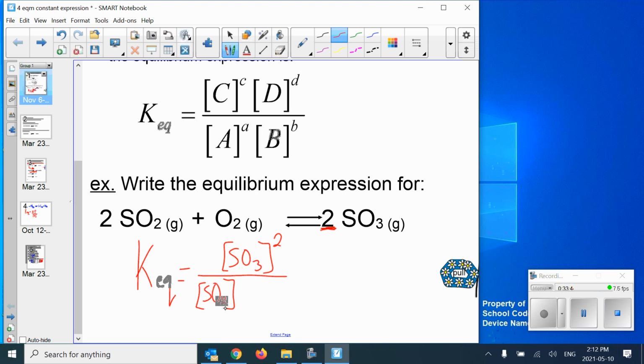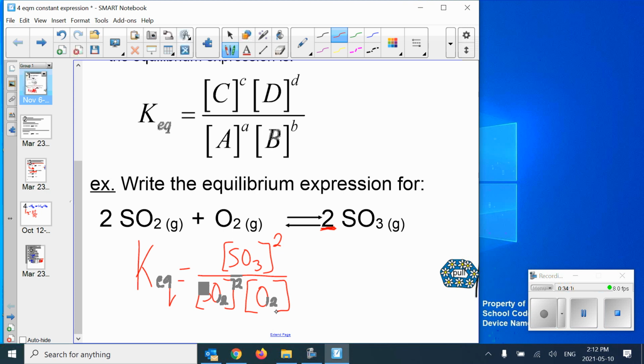The balancing number is 2, so I'm going to square it, times oxygen, which is to the power of 1, so I do nothing. That is my equilibrium expression. There's nothing you need to do if I say find the expression. Once we have concentrations given, we'll put in the values.